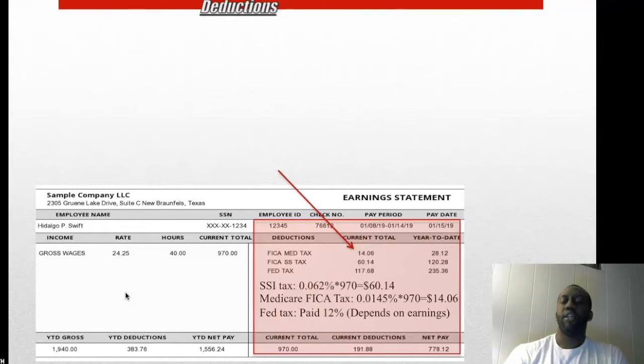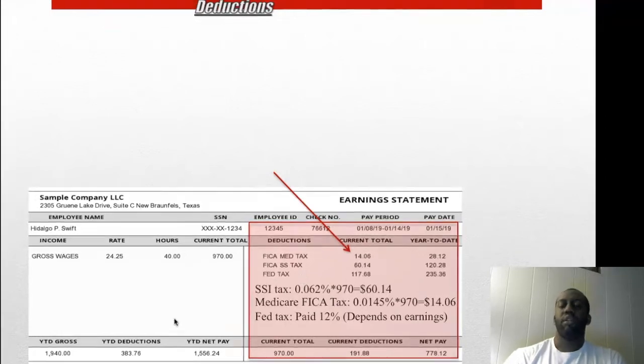There are deductions that are mandatory, which will include taxes, and there are deductions that are voluntary, which basically means that you can determine if you want to have these deductions or not. Mandatory deductions will include things like taxes, as we can see from this pay stub, and voluntary deductions will include things such as a retirement deduction and a deduction towards maybe health insurance.